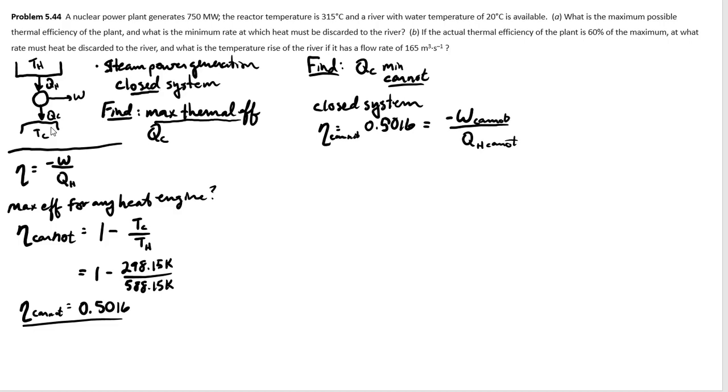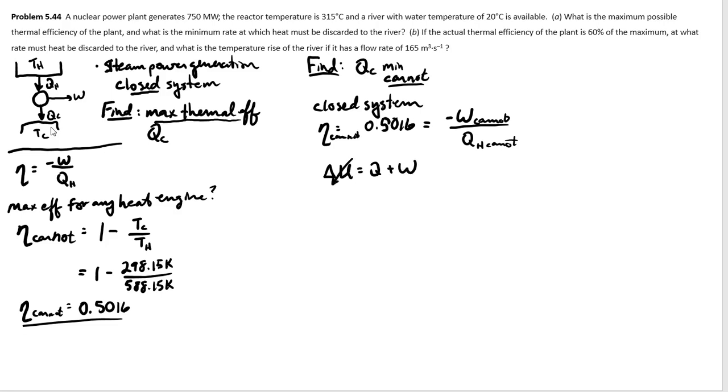What's the work for this Carnot engine? Well, we're pretending that this is a Carnot engine that's generating 750 megawatts, right? And so what we can do then is calculate QH for the Carnot engine. If we know that, and we know that we have a closed system, we know that for the overall process, delta U is equal to Q plus W.